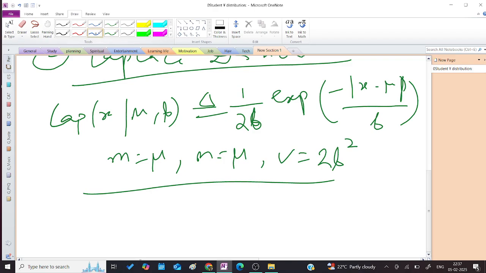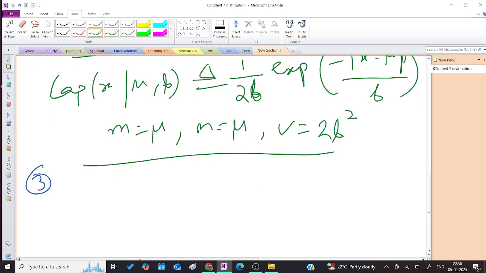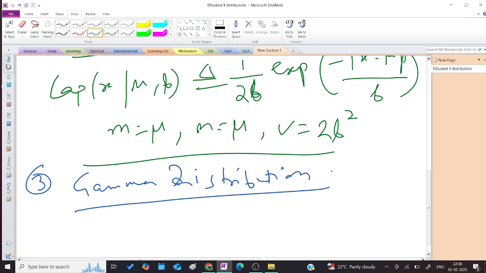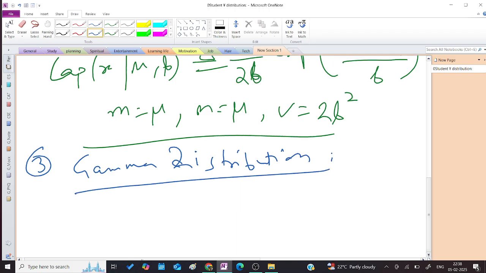Third, the gamma distribution. So what is this?